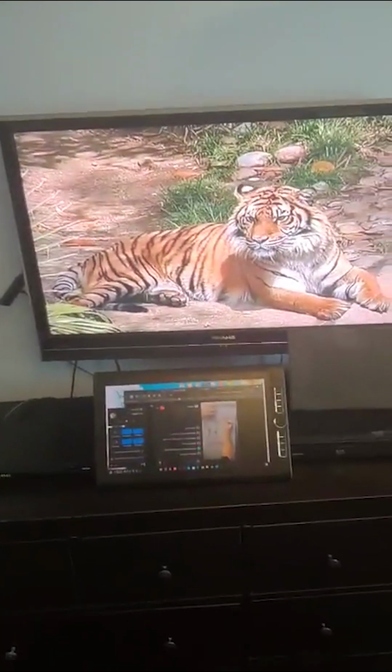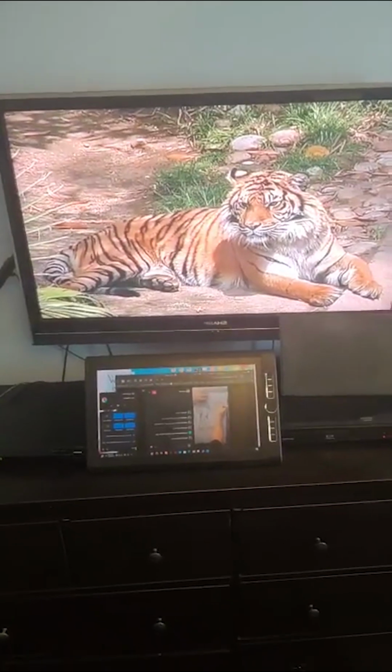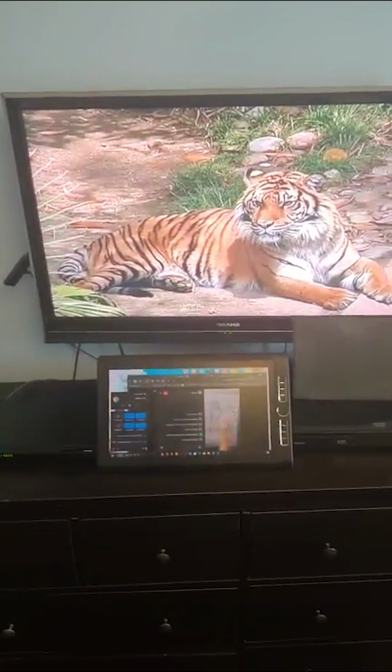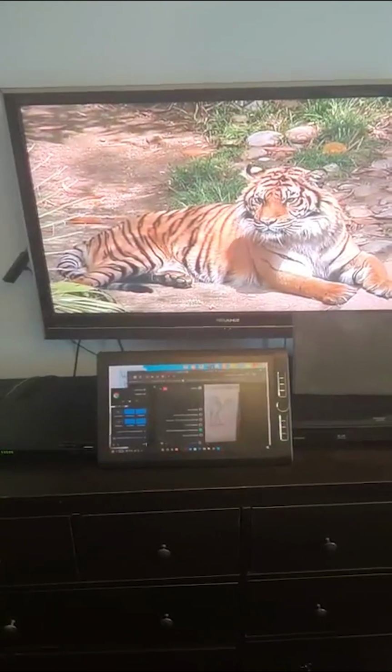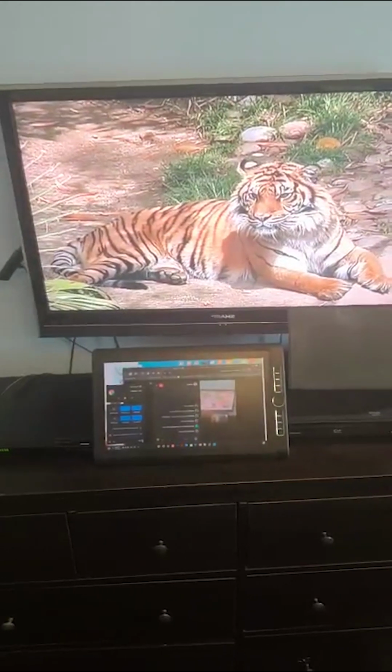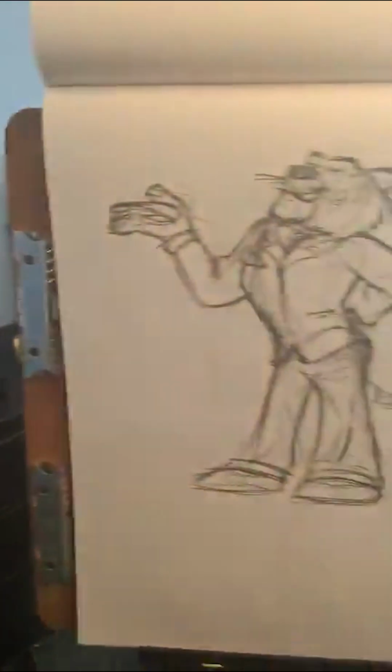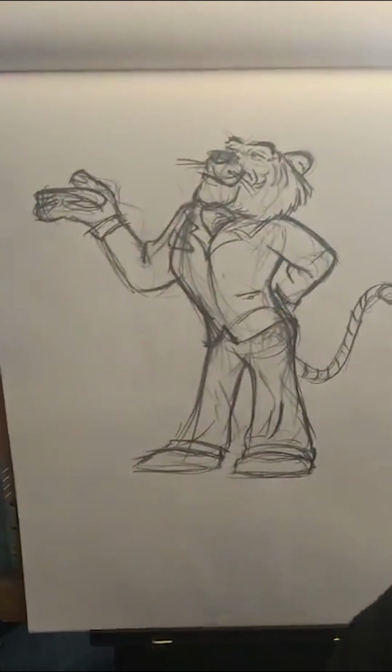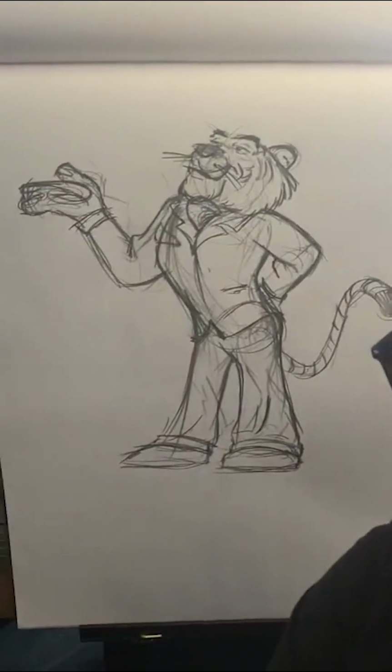This is the guy. That's the tiger I'm looking at. He's lying down. It's not even the same pose or anything, but I worked on the head. Oh man, I'm looking at my recording and seeing that the hand is much bigger than I intended, but that's okay.